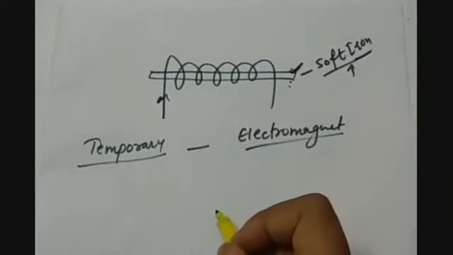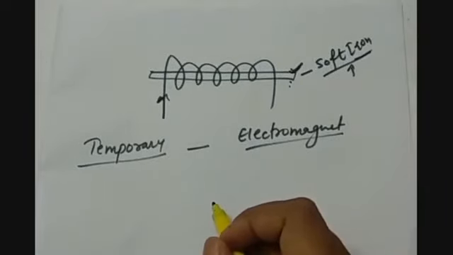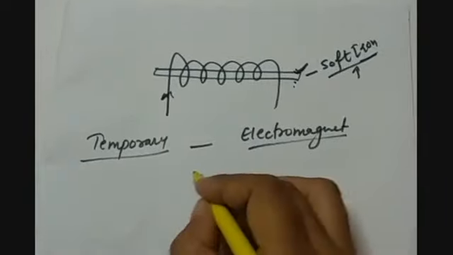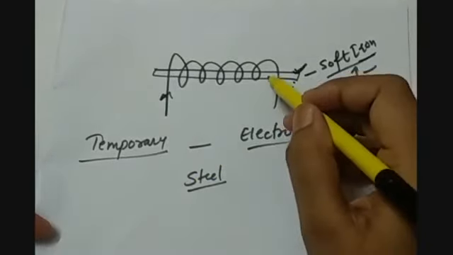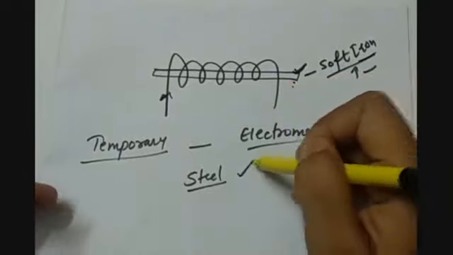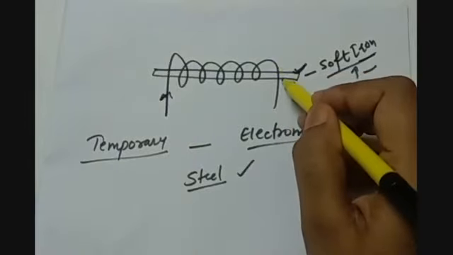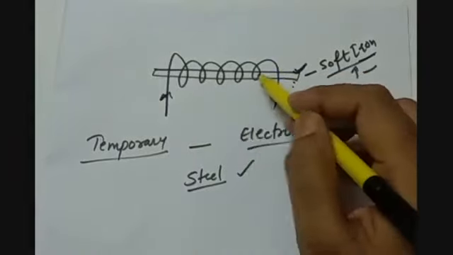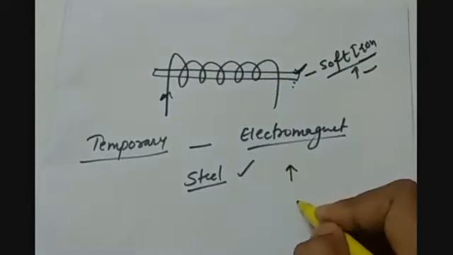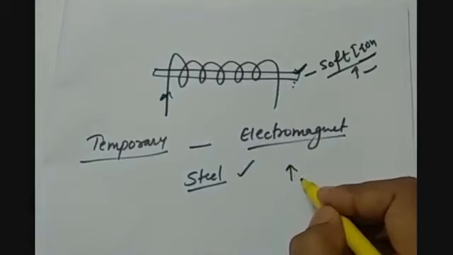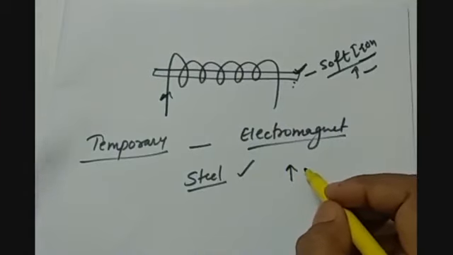Another type of magnet can be made when we use steel instead of soft iron. When we place a steel rod inside a solenoid and pass the current through the solenoid, steel gets magnetized with difficulty, only after passing a very high value of current.